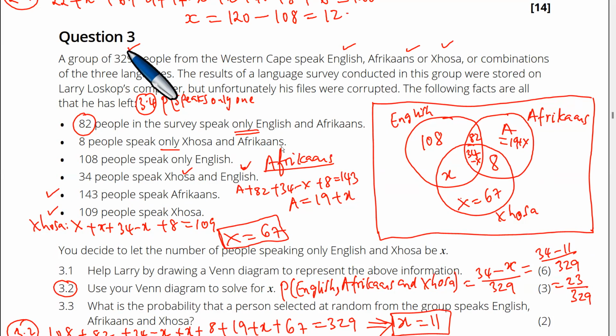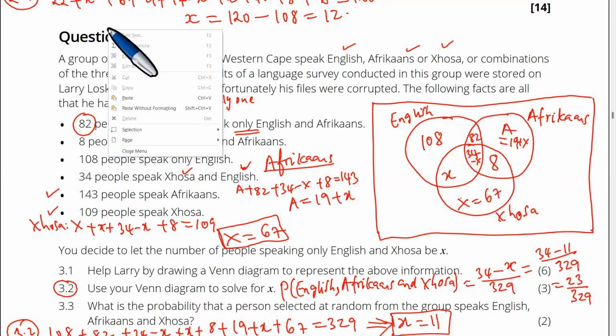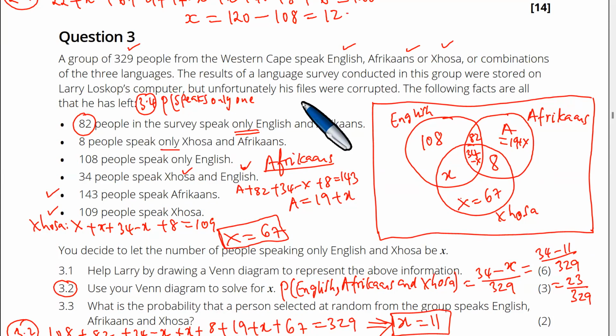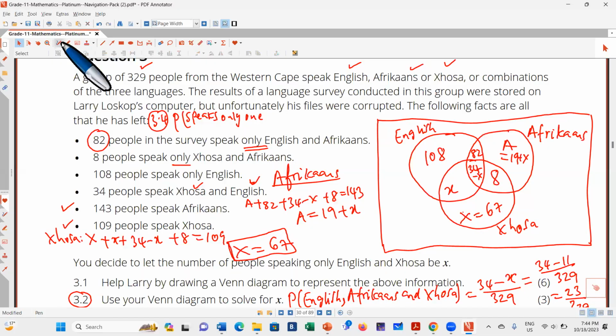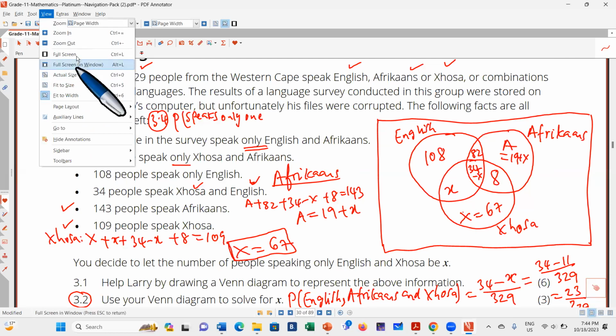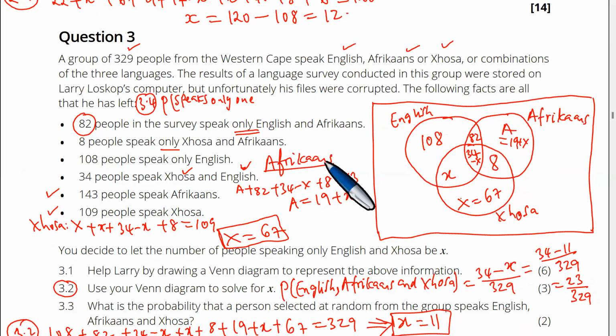The probability that the person actually speaks only one language. We continue.